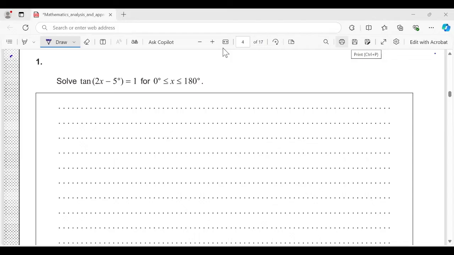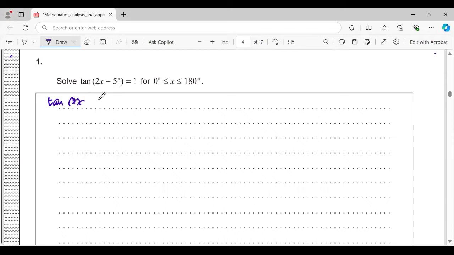Number one, solve tan(2x - 5) = 1 for x in the interval 0 to 180. I'm going to convert 1 into tan 45.